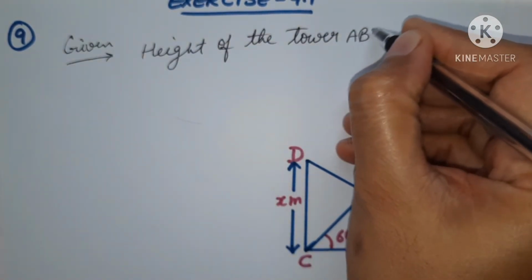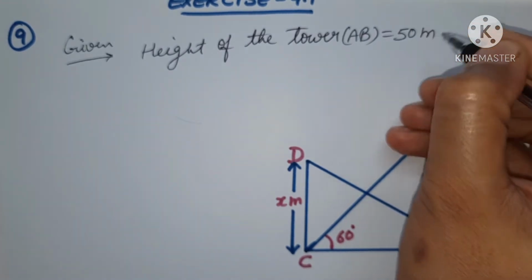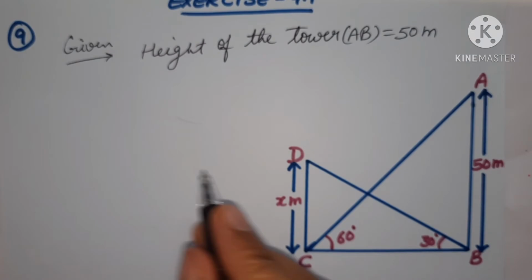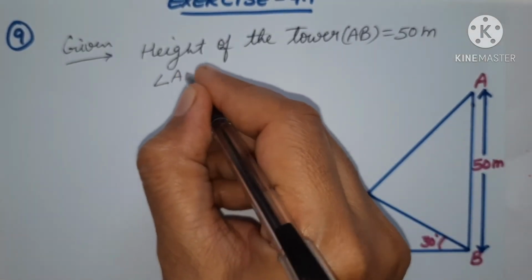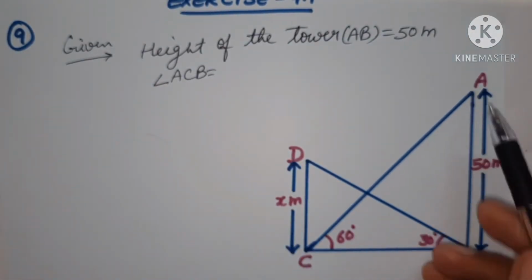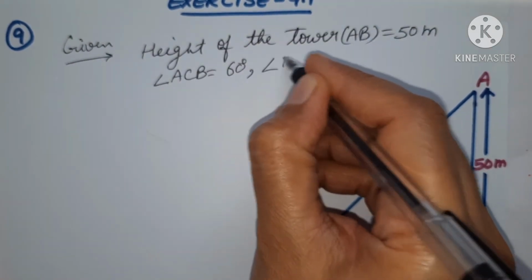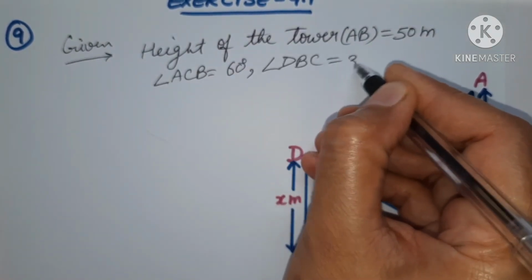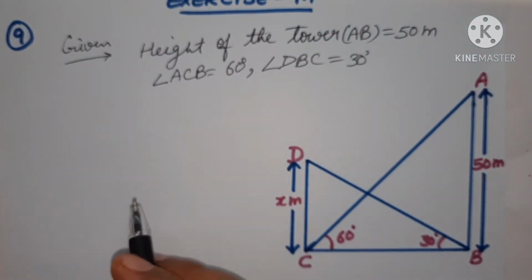So we will write the height of the tower AB is, as given in the question, 50 meters, and these angles are also given in the question: angle ACB is 60 degrees, and angle DBC is 30 degrees.